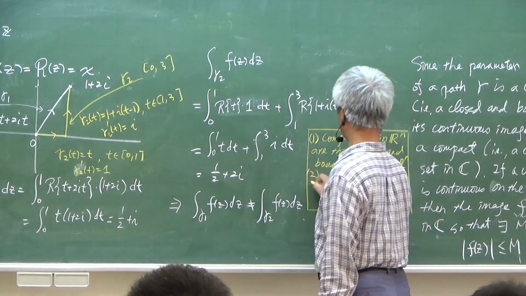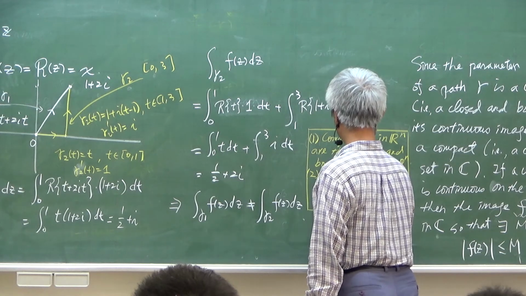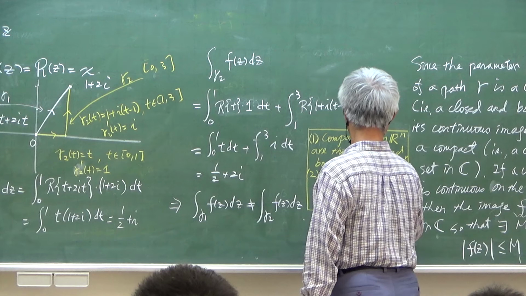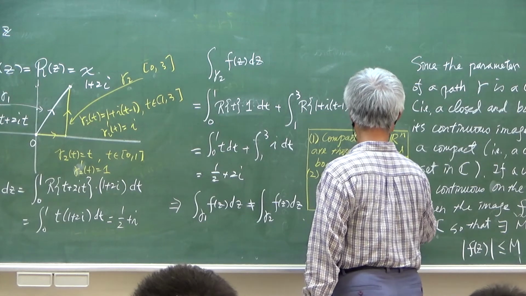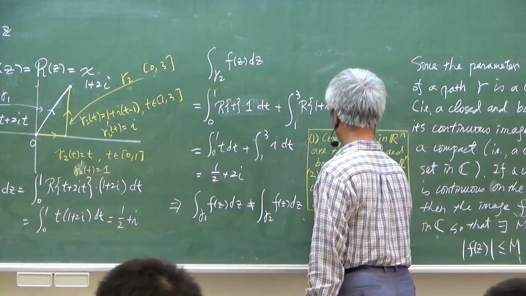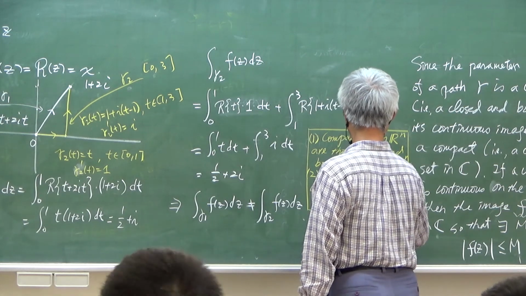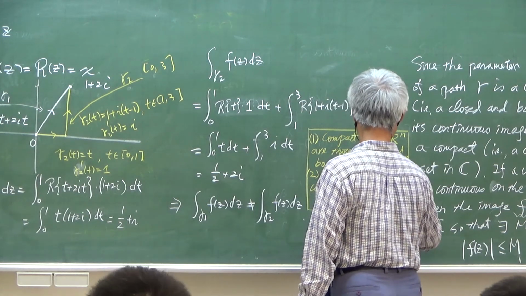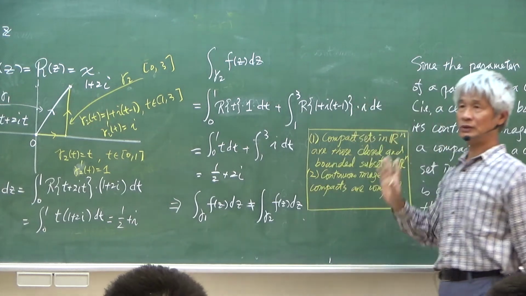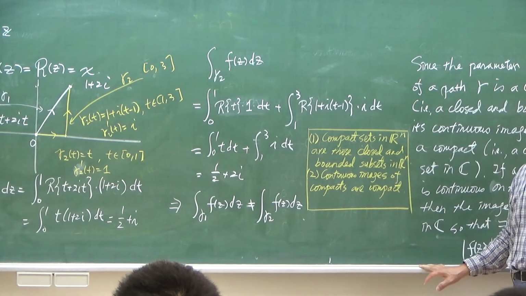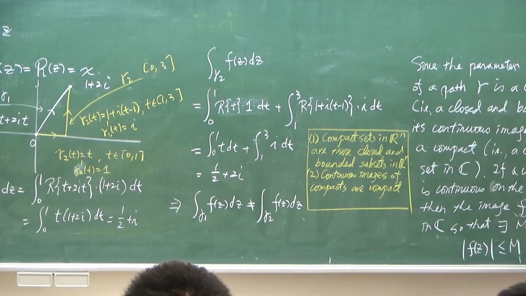The second thing is that the continuous image of a compact set is compact. Okay, so just have these two notions.